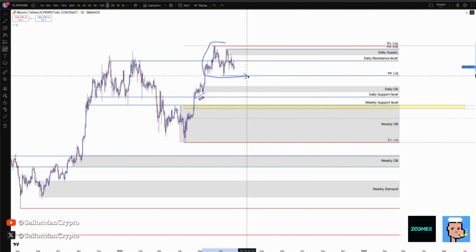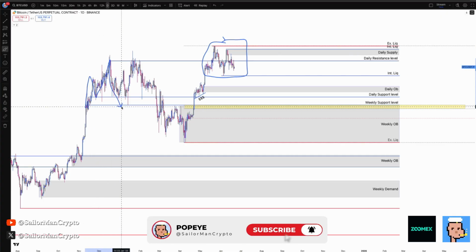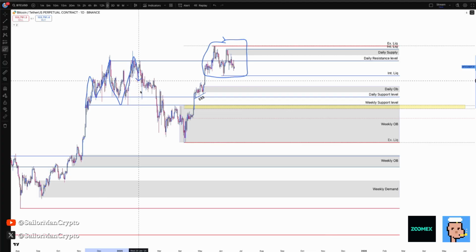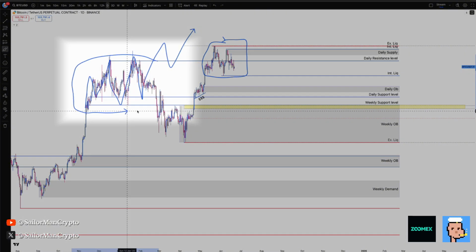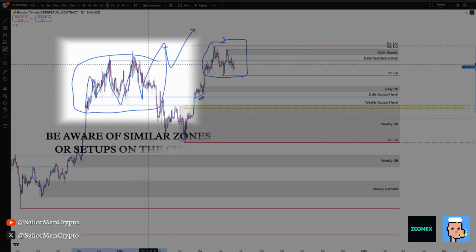As you can see, this is still a range bound environment similar to the one we had here, where you can see that market structure was a total mess and didn't matter, because we get a low, then we get a high, then we get probably a higher low. People would have called this a higher low to move higher, but no. It broke down, and this is exactly the place where you have to be aware that market structure becomes completely irrelevant.